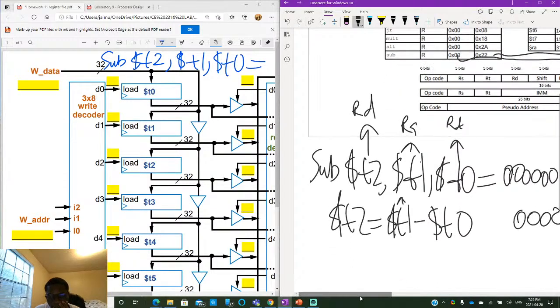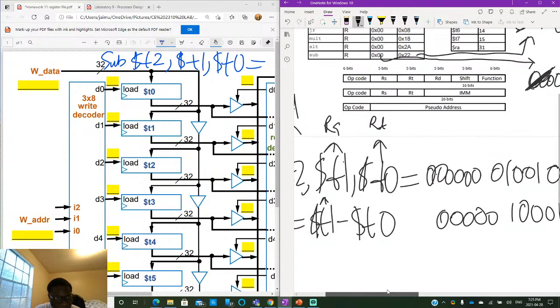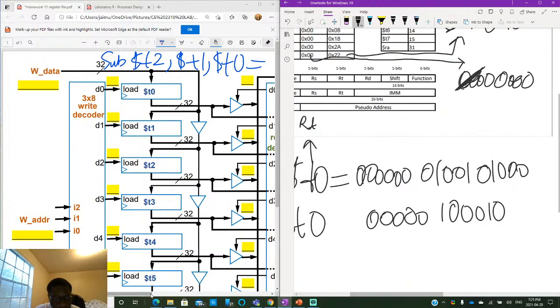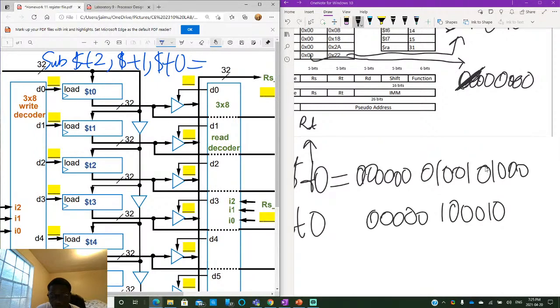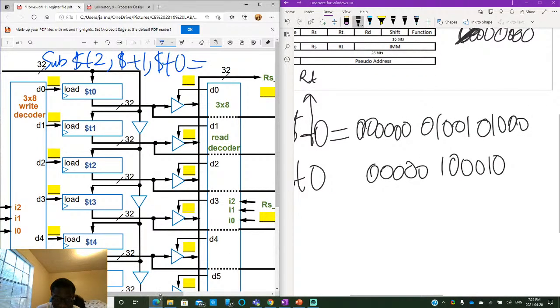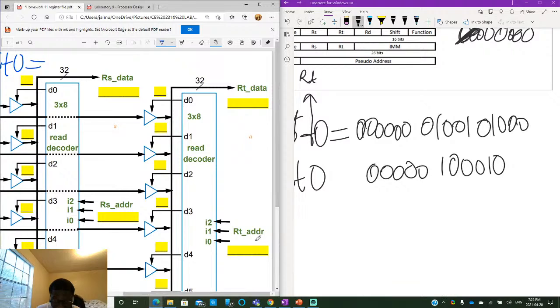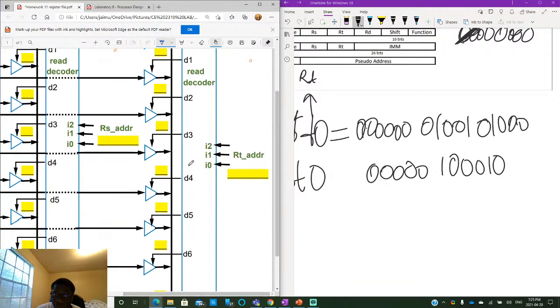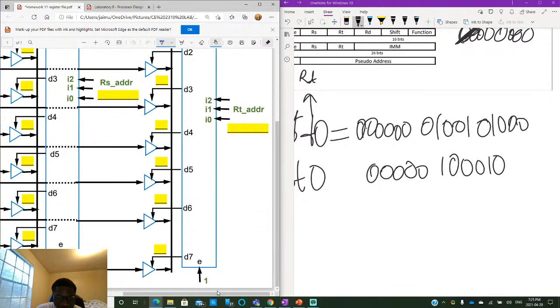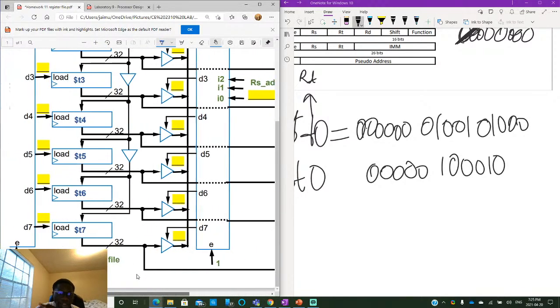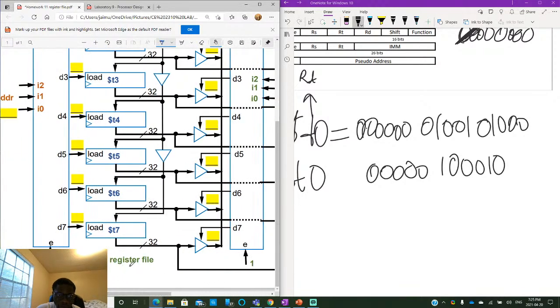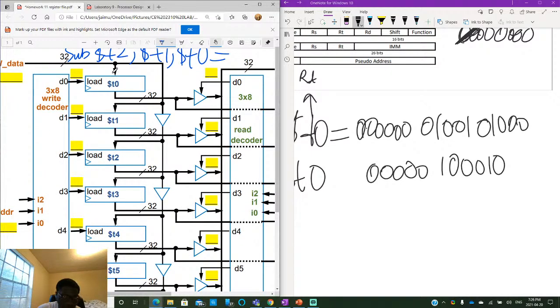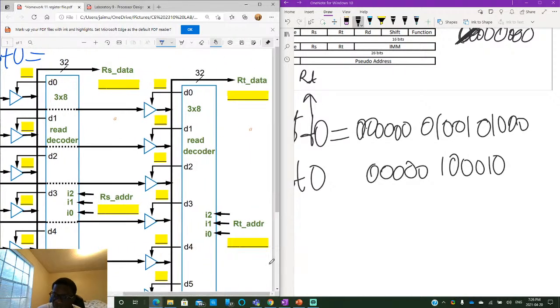Okay, so all that is important from the machine code is the last 3 bits of RS and RT, because those are the addresses for this decoder. So remember, this example culminates all that we've done so far regarding tri-state buffers and decoders. So these components are called registers. So we can just forget about those for now.